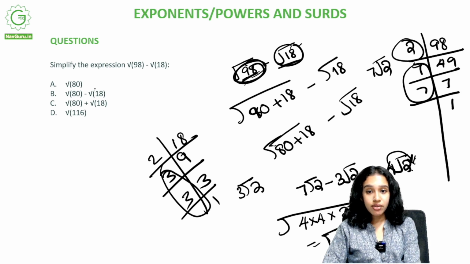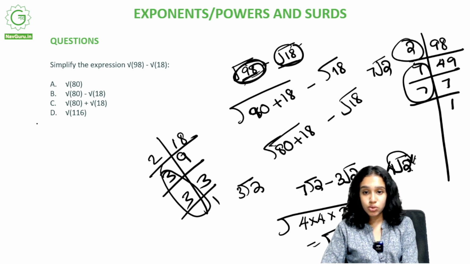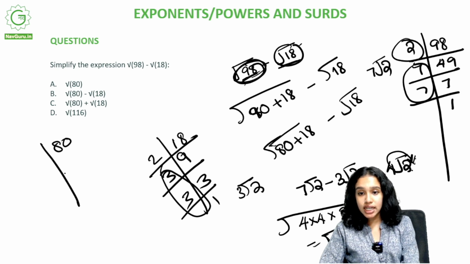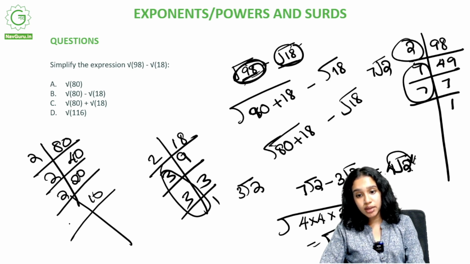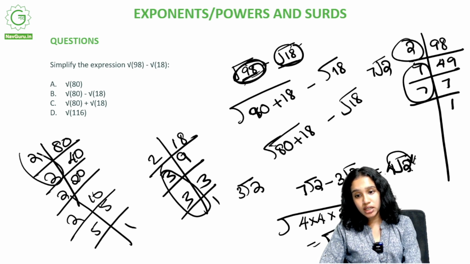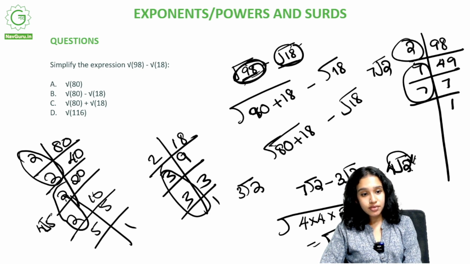So, we need to find a value which is really close to 4 root 2. Let's find out what root 80 is. 2, 40, 2, 20, 2, 10, again by 2 we get 5, and 5 again we get 1. So we get 2, 2, so it's 4 root 5, right?